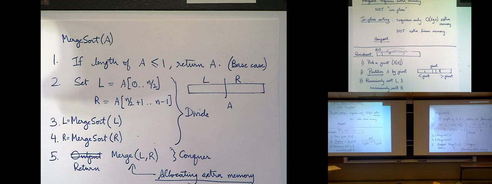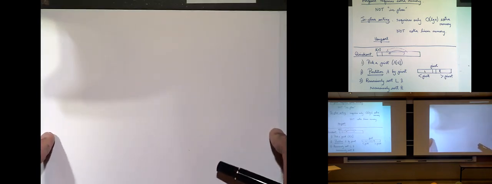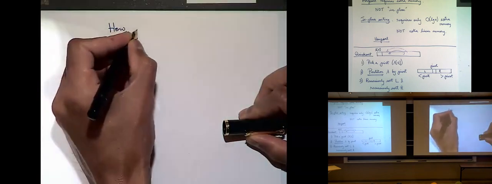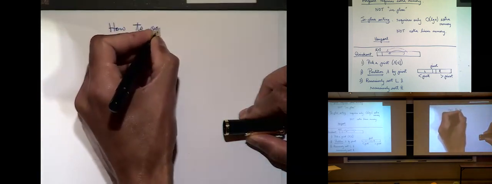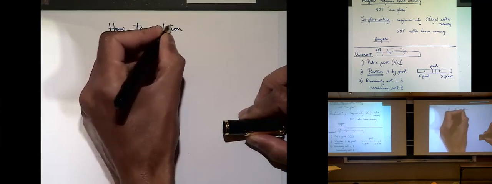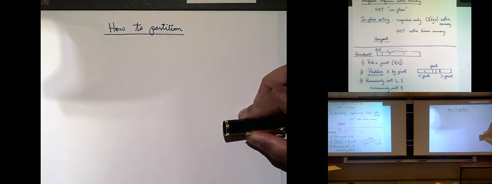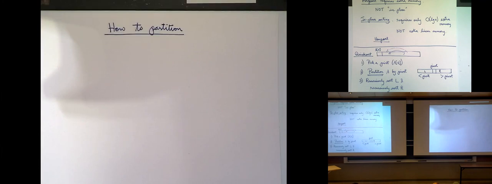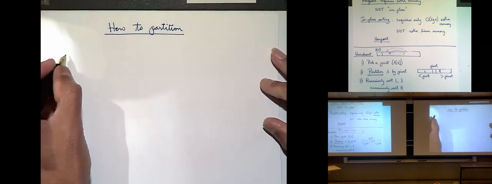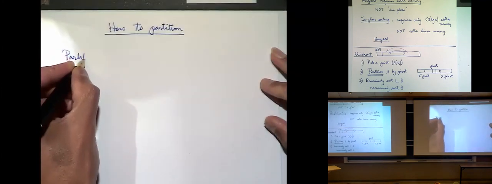Now the natural question is how to partition an array. Let's think of what the inputs to the partition method are.